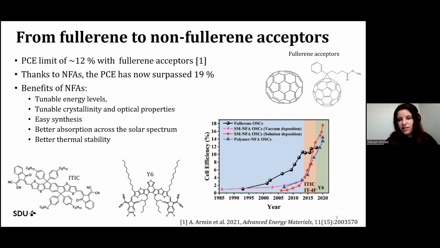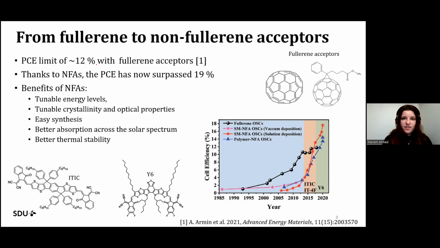As you see here, they did increase the PCE or power conversion efficiency, but it was later revealed that they actually put a maximum limit of around 12% on the PCE, and some of the reasons behind that is because for fullerenes, it's not very easy to tune their energy levels. They also don't have the best absorption across the solar spectrum.